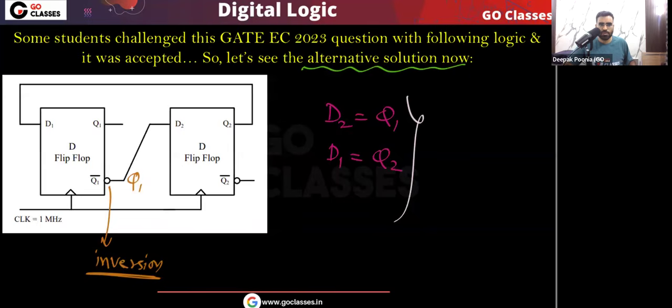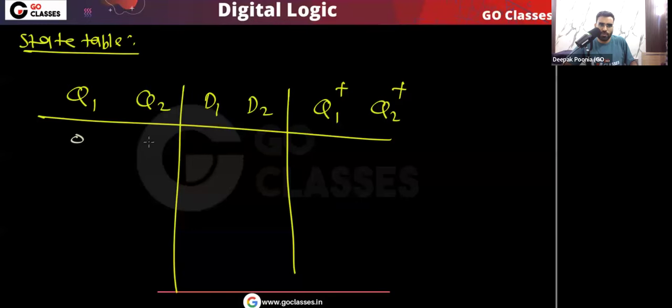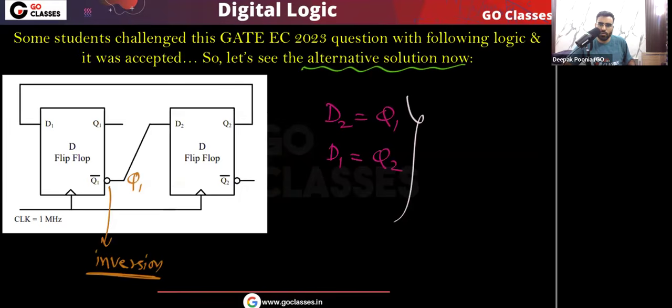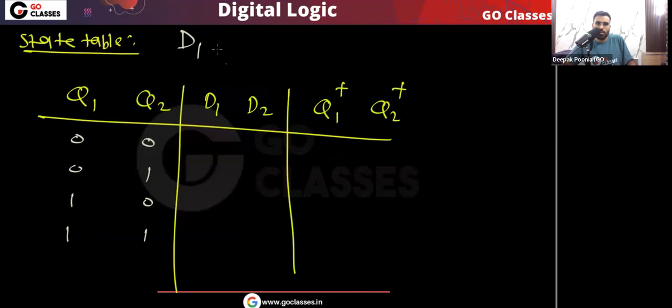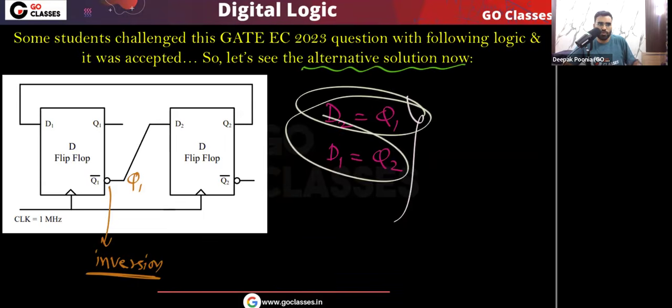Simple. For every possible present state, we are going to find the next state. And already we have d1 equal to q2, d2 equal to q1. Yes or no?